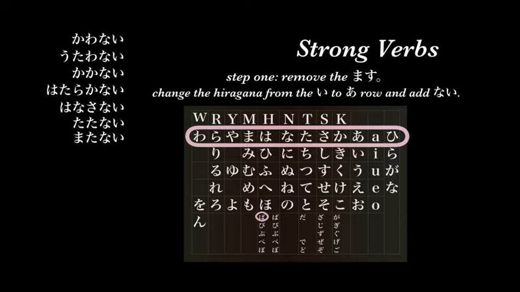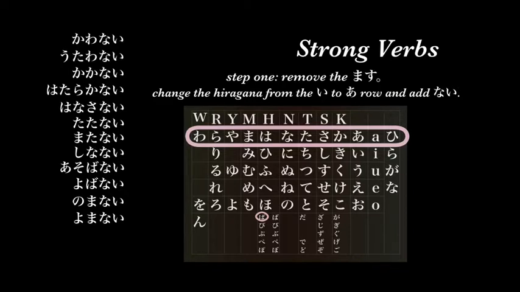If you look at the hiragana chart, all of these show going from the I row to the A row.